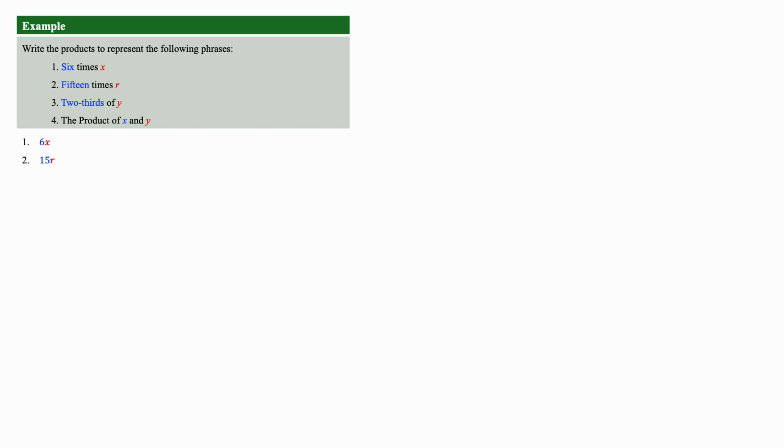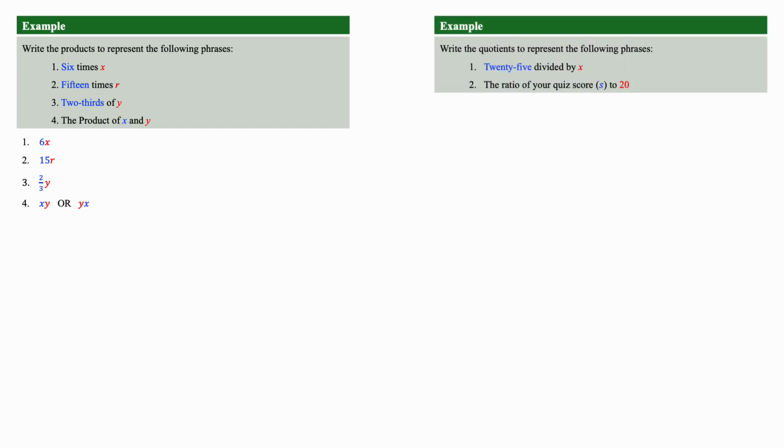Now, even though this one does have division in it, it is still a multiplication problem because 2/3 is just a number, and then we are multiplying that by y. And number 4, the product of x and y, which is just xy or simply yx, because of the commutative property.